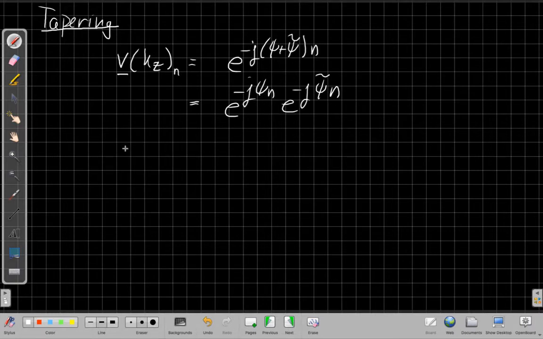So if I define a taper vector, little t tilde, to be equal to e to the minus j psi tilde of n, which in a weird way is almost like the manifold for the psi tilde direction, right? So the nth element of this vector has this form.